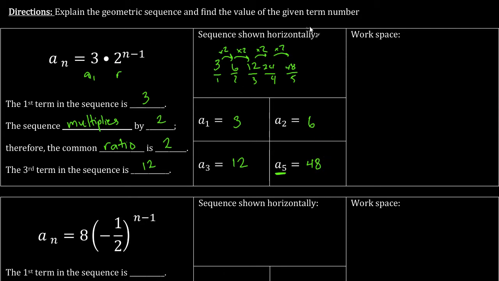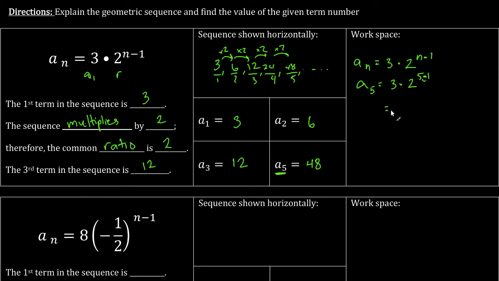Sweet. So now let's go ahead and prove that this equation goes with these terms. If you want, you can put some comments here. I didn't want to put them because it looks a little messy. So a sub n equals 3 times 2 to the power of n minus 1. Let's do the fifth term. 3 times 2 to the power of 5 minus 1.